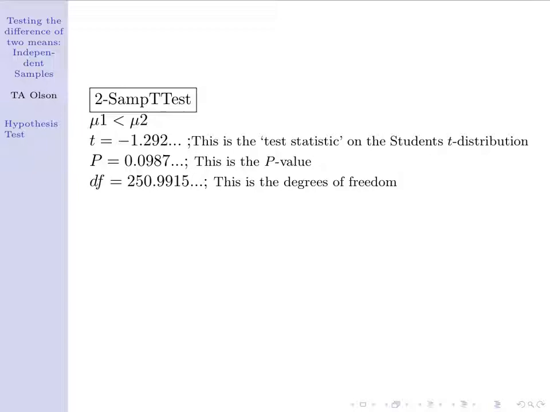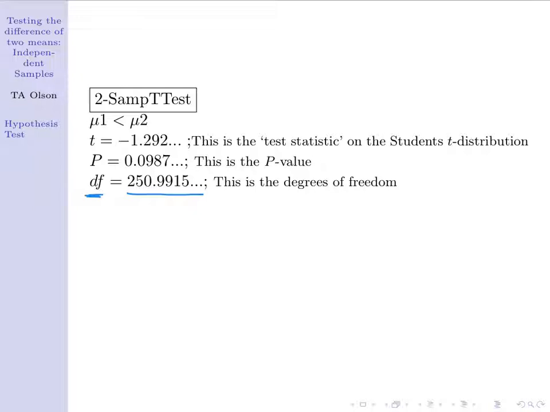The thing directly under the p-value is our degrees of freedom. Remember, the degrees of freedom is incredibly important in the student's t-distribution because it changes the shape. The degrees of freedom calculation that the calculator uses is reasonably complicated. It's certainly not something I would expect you to do by hand. I'll briefly mention it in class. It's toward the end of this section in the book.